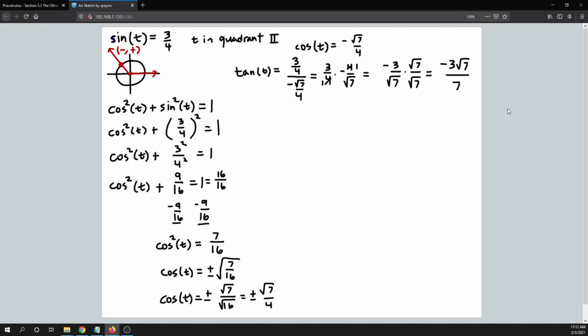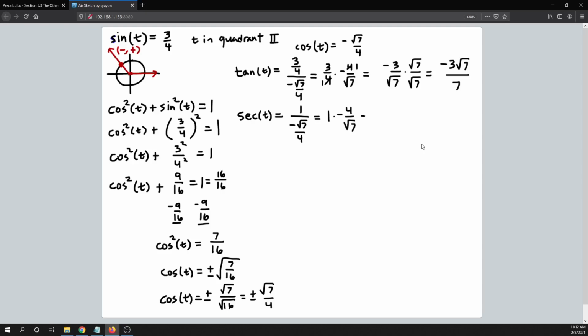Next up, I will do secant. Secant's going to be 1 over the cosine, so 1 over minus square root 7 over 4. And so dividing 1 by this fraction is the same as multiplying 1 by its reciprocal, right?